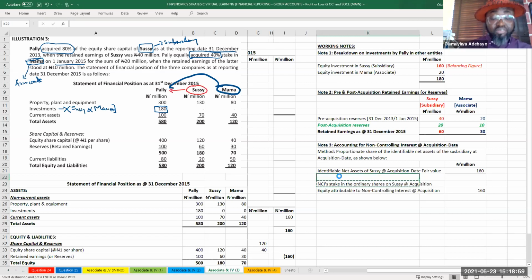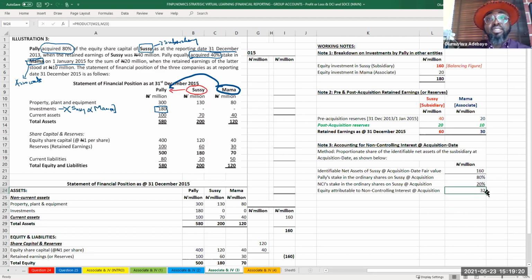That's what I want to achieve. Parent stake is given to us, or sometimes we determine it. Parent stake is 80%. While NCI would be the difference between 100% and what? 80%. That's 20%, which means NCI is 32.